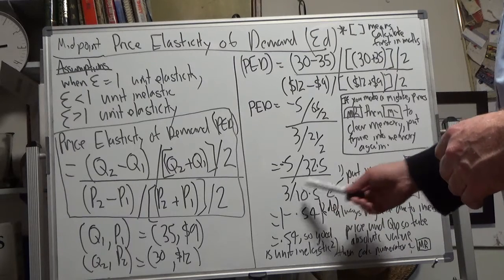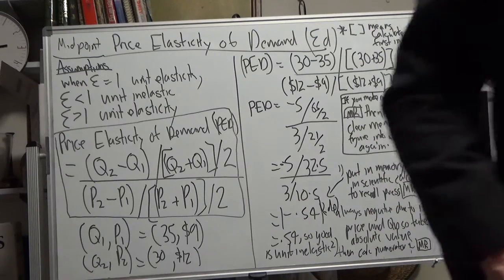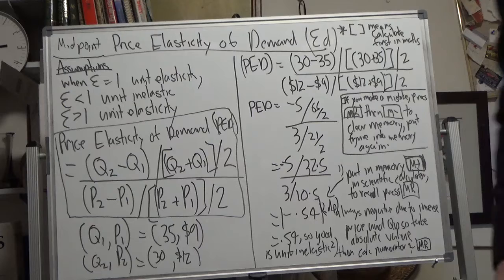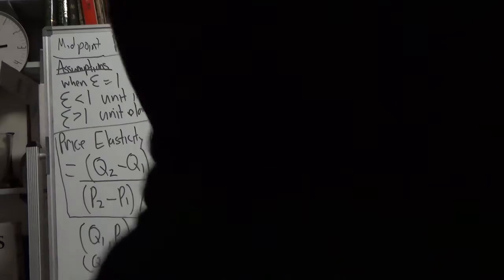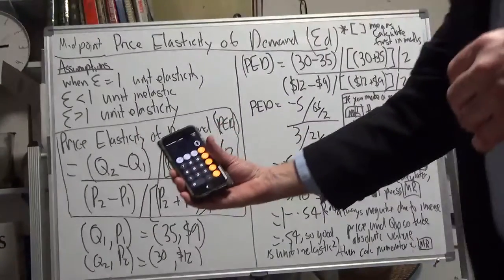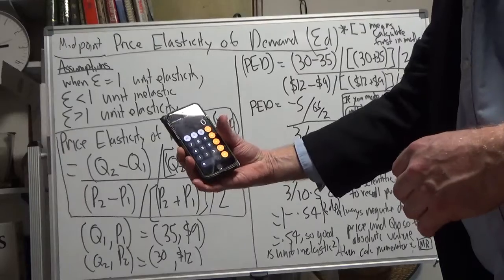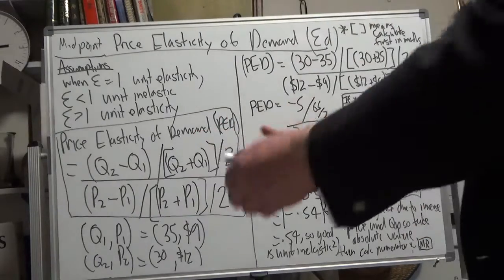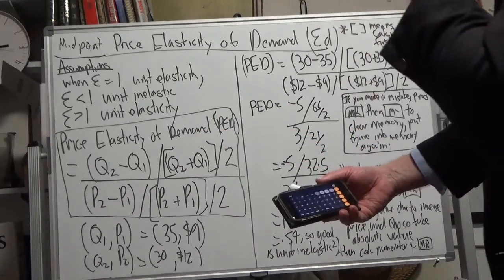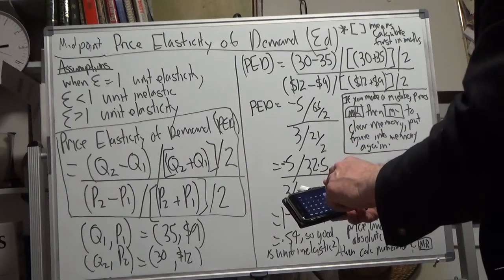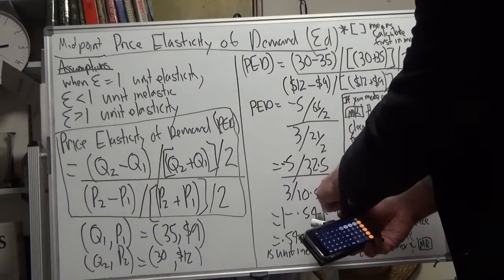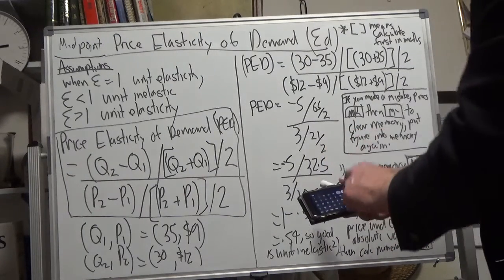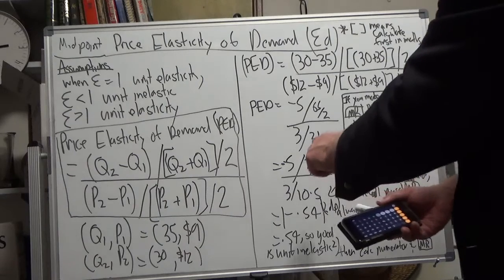10.5. Okay, now we're ready to use our scientific calculator, which I've just misplaced somewhere. Where's that? Oh, here it is. Let's take it off the charger. So here's an iPhone. Turn it on its side, and what you want to do at this point in the calculation is put the denominator in the scientific calculator first.